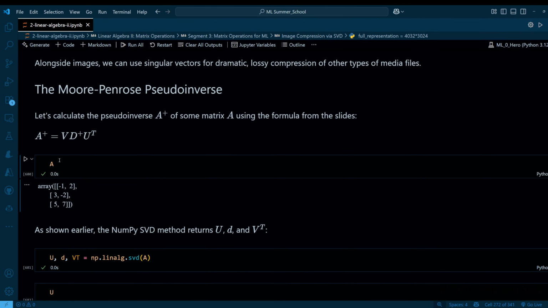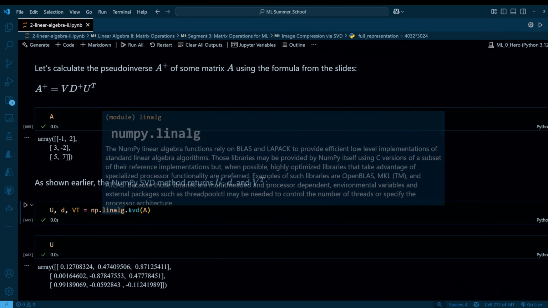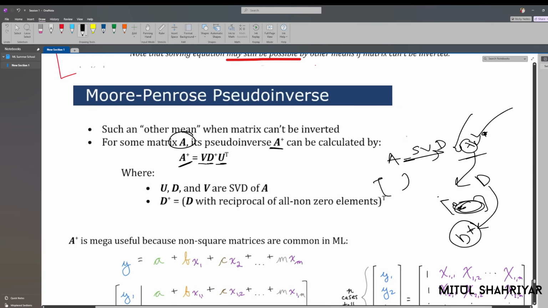Assume that we have a matrix A, which is minus 1 2 3 minus 2 5 7. Then we can use SVD to get U, D and VT, which I mentioned here as well. So we can get U, lambda and VT, right?